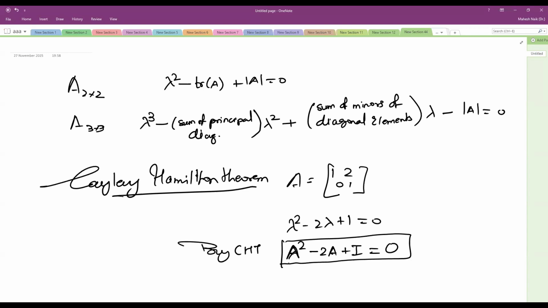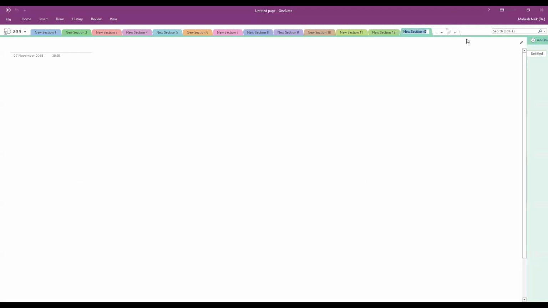Now, there are two important things that we can talk about. One is the algebraic multiplicity and the geometric multiplicity of eigenvalues, AM and GM.